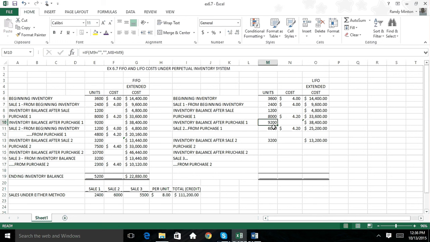So the new inventory balance is going to be 9,200 units right here, $38,400. And you notice that it's the same whether we're here or we're here. And again, that's because we haven't yet got into the meat of the LIFO product yet.